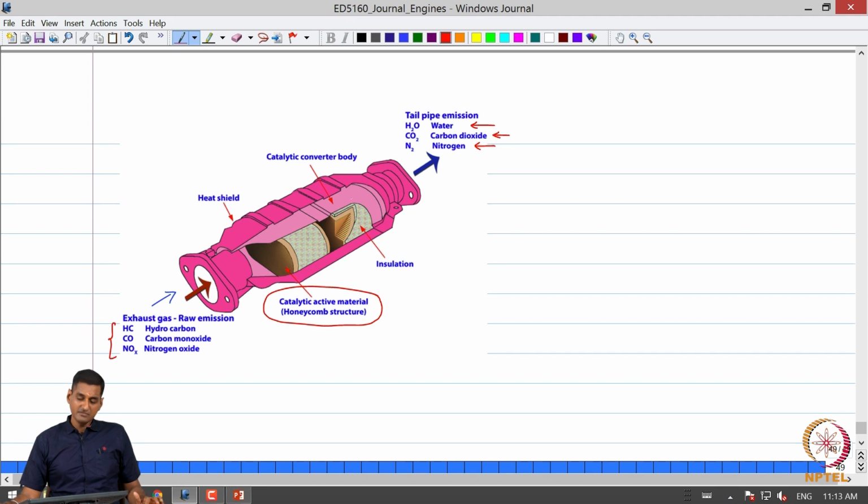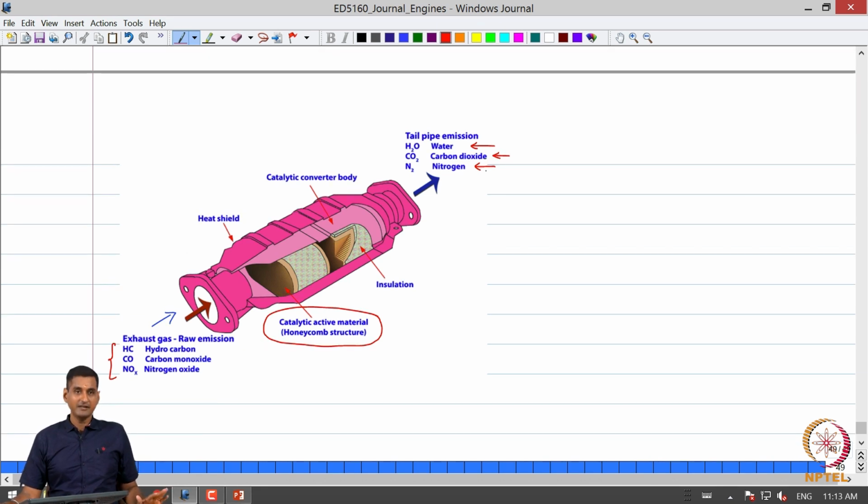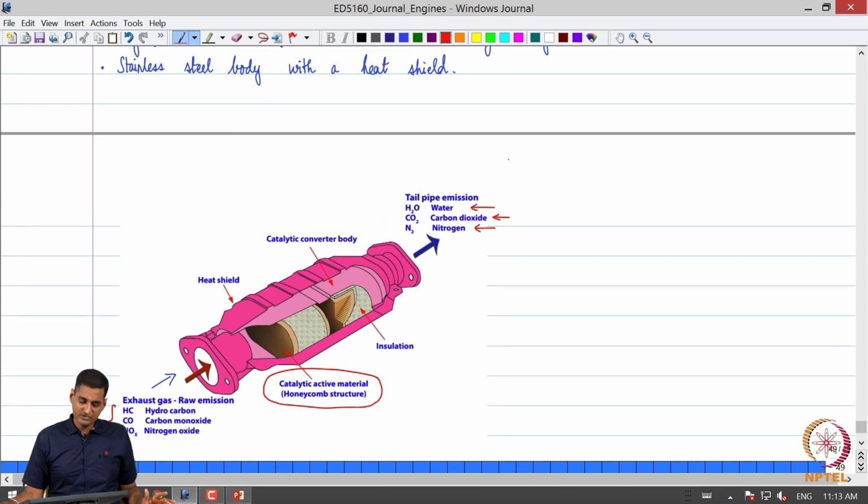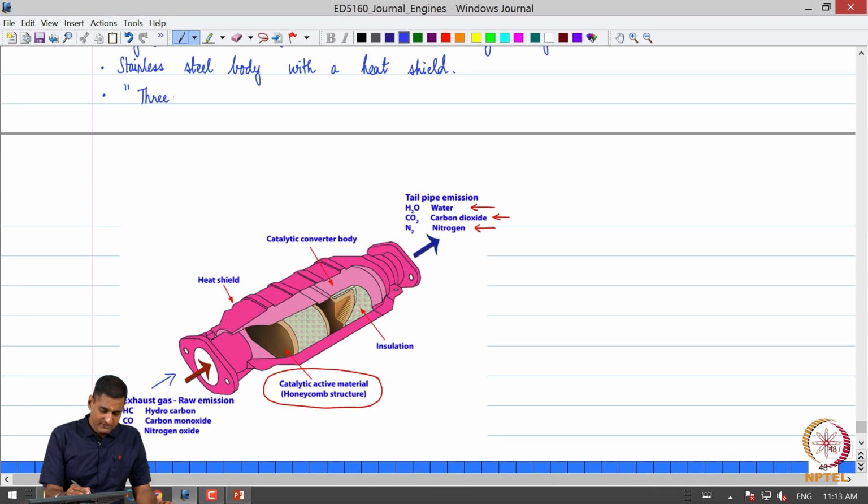So, the question becomes whether we actually get them, and if we want to achieve this ideal set of reactions, what is required. That is something which we will look at now. These catalytic converters are also called three-way converters.